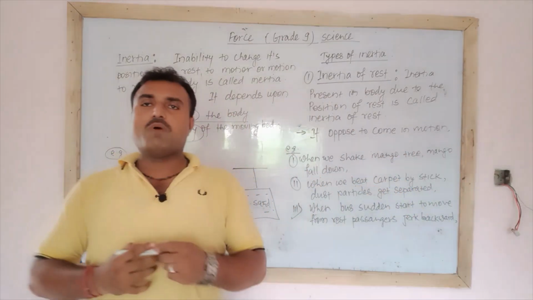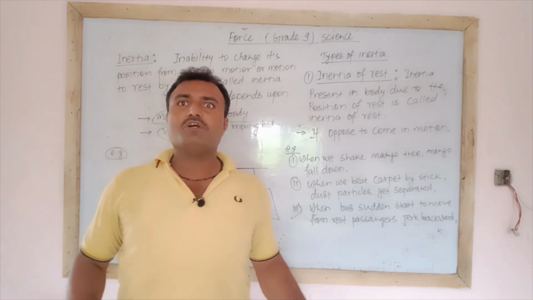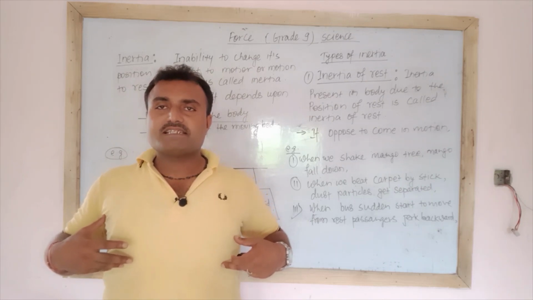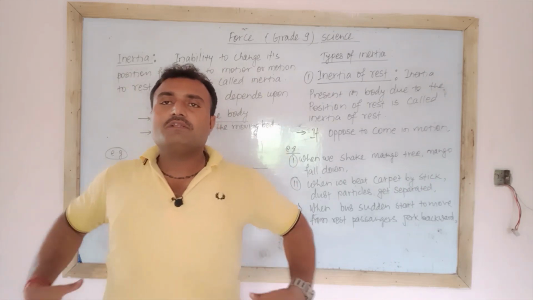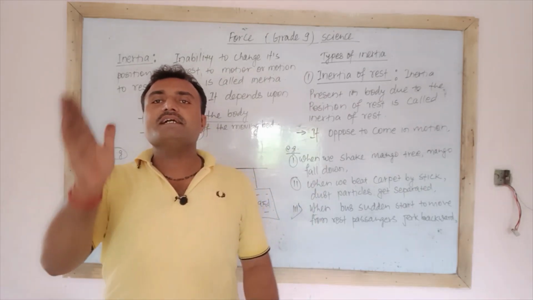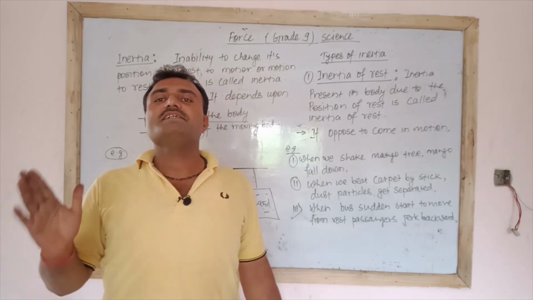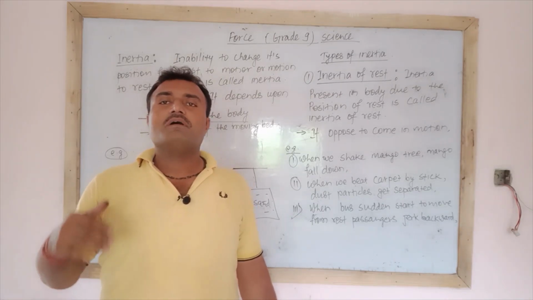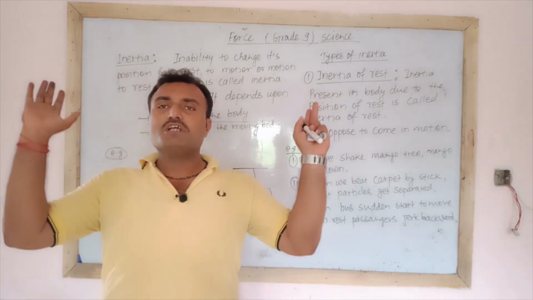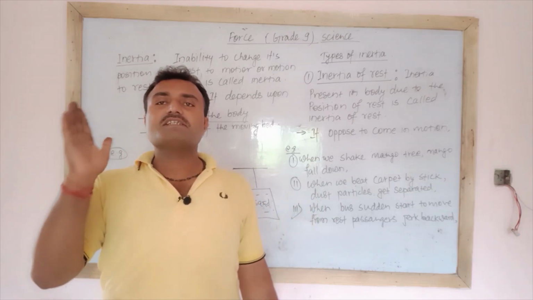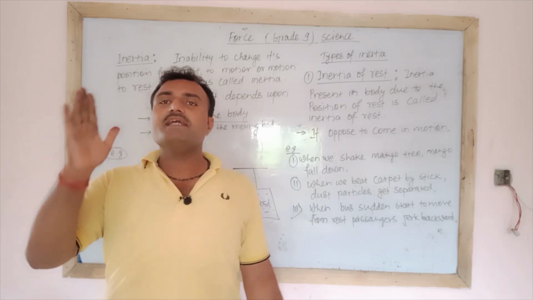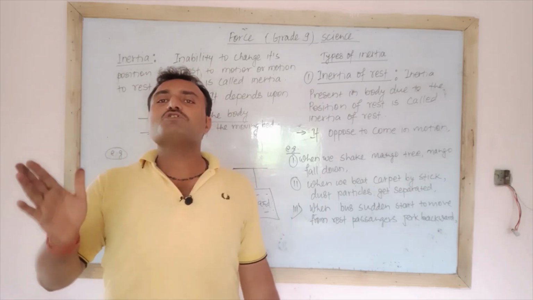Passengers jerk backward when the bus suddenly starts to move, because in a standing bus, passengers are at rest. When it suddenly starts to move, the bus begins to move, and inertia of rest present in the passengers' bodies opposes coming into motion, and passengers fall backward. In this way, various other problems related to inertia of rest can be explained, in which it is found that on a resting body inertia of rest is present and it opposes coming into motion.